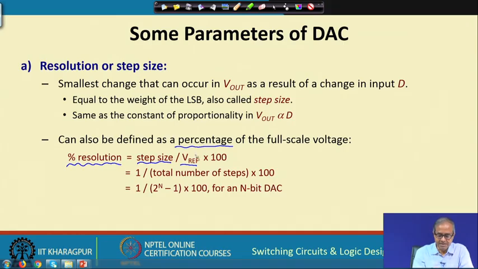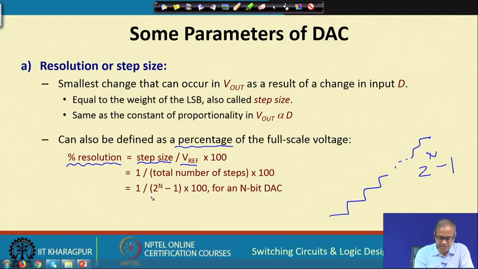You can represent it as 1 divided by the total number of steps, same thing. For an n-bit DA converter, starting from 0, there will be 2 to the power n minus 1 steps.